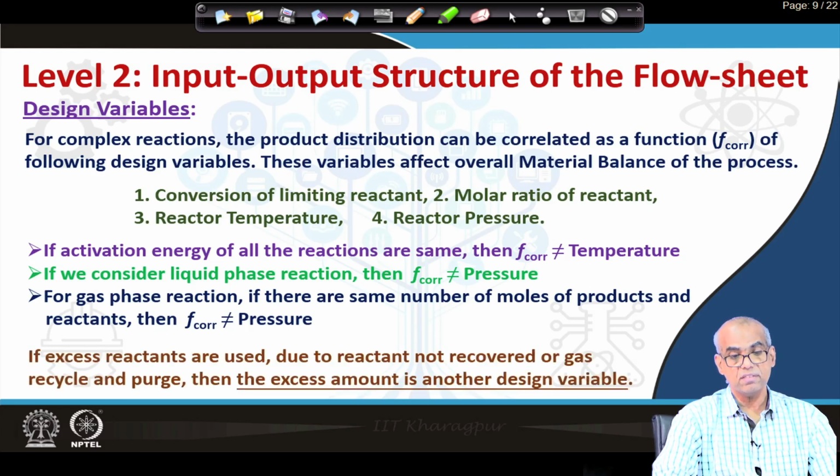If excess reactants are used, due to reactant not recovered or gas recycle and purge, then the excess amount is another design variable. So, along with conversion of limiting reactant, molar ratio of reactant, reactor temperature and reactor pressure, the excess amount of reactant is also another design variable.